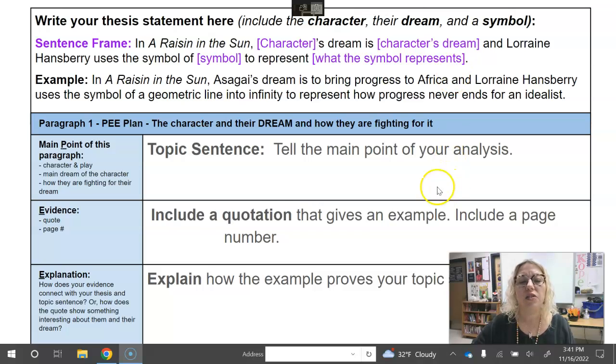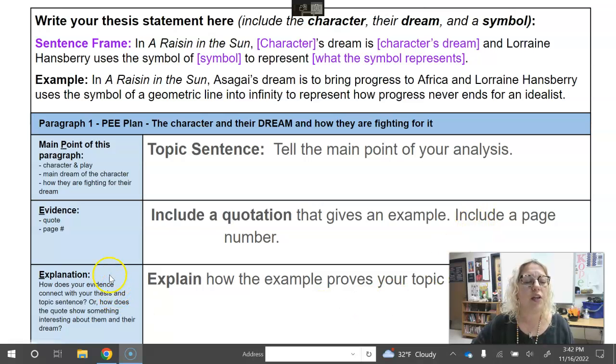Okay, the next thing to do is to create a topic sentence for your first paragraph. Now, your first paragraph is about the character and their dream, how they're fighting for it. So in your topic sentence, you're going to tell the main point of your analysis about your character and their dream. You're going to also include evidence, which is a quotation in this case that gives an example, and include a page number.